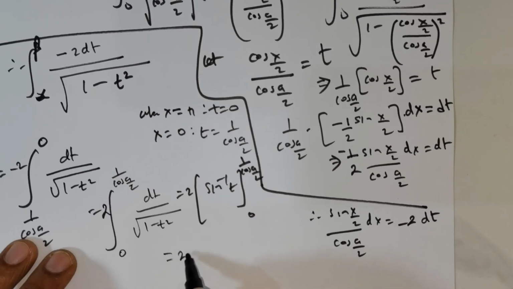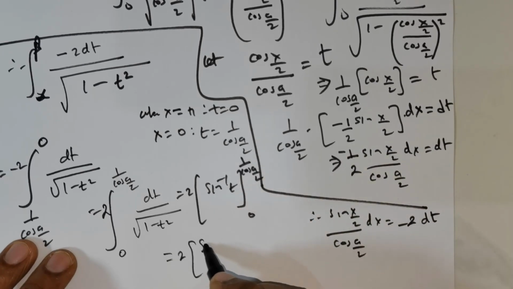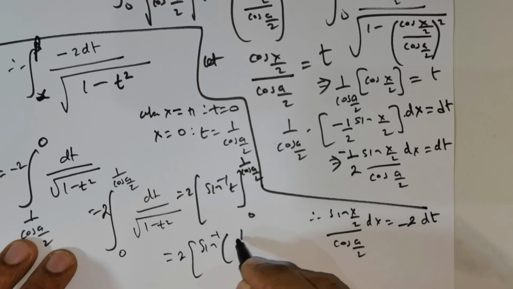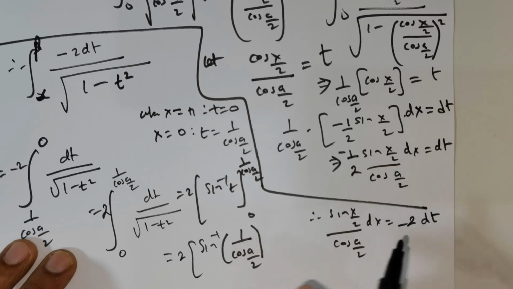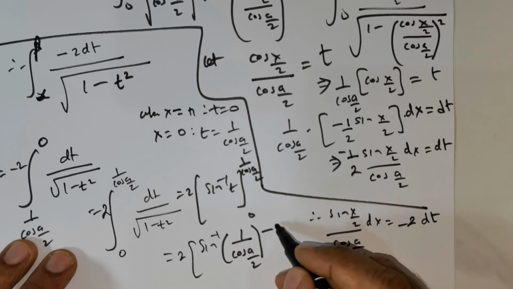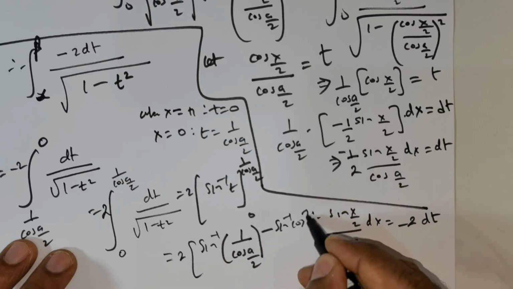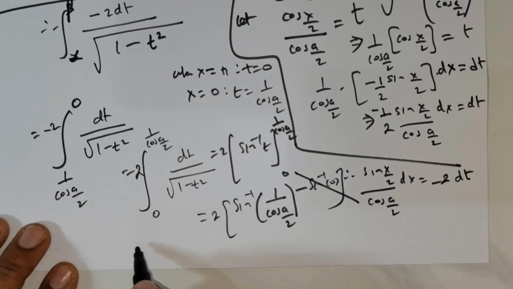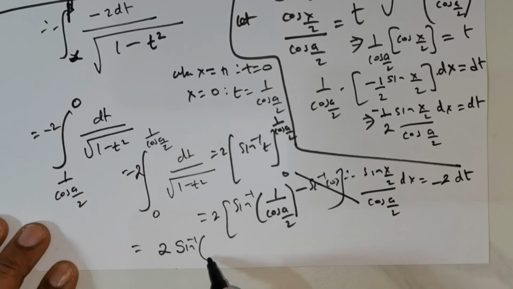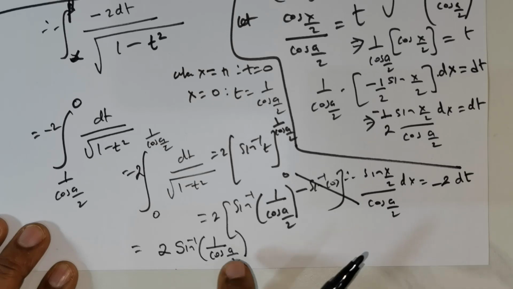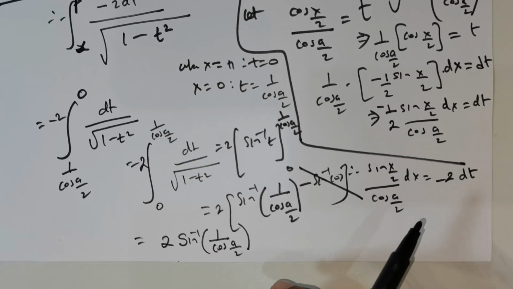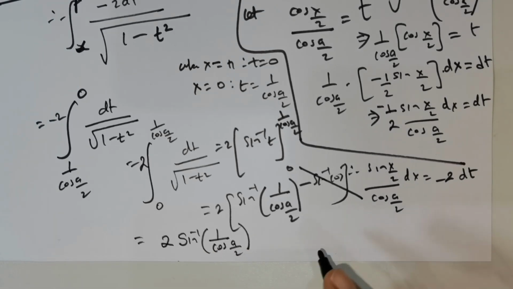So this is going to be 2 times, I substitute the upper limit, sine inverse of 1 over cos a over 2, minus sine inverse of 0. So sine inverse of 0 gets cancelled, so the value is going to be 2 times sine inverse of 1 over cos a over 2. This is the solution for this particular question.